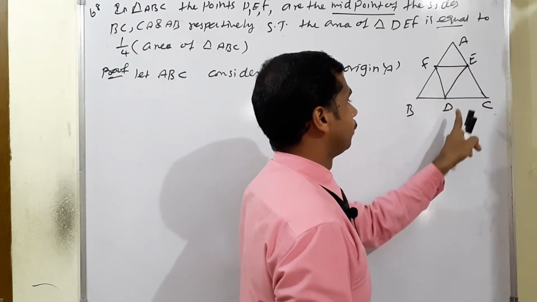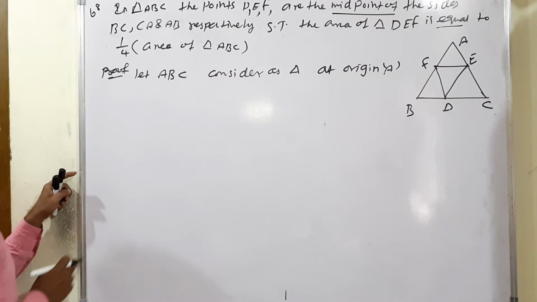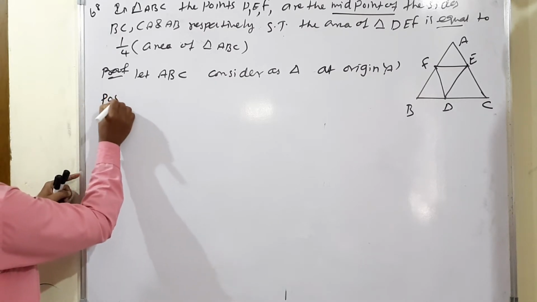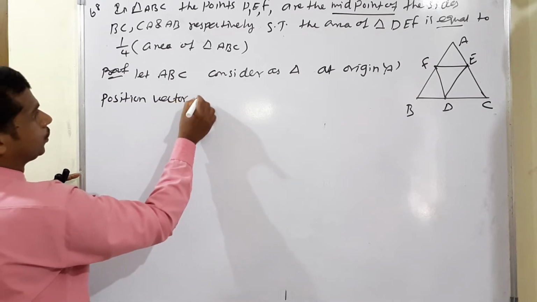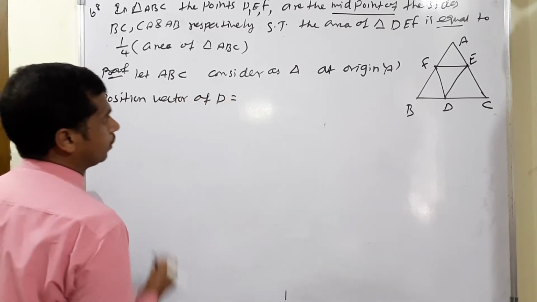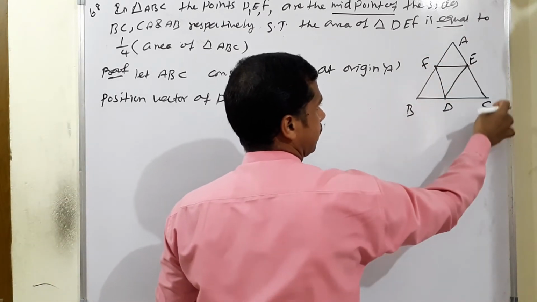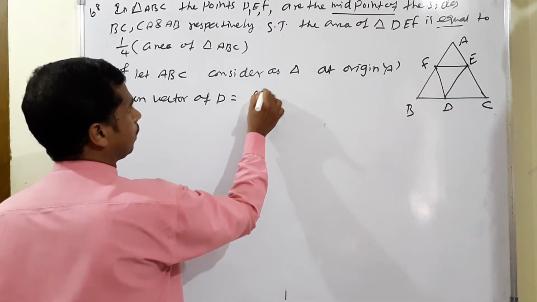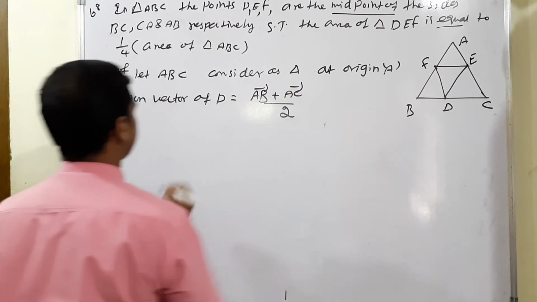Position vector of D, what is the meaning? Position vector of D is equal to AB vector plus AC vector divided by 2.